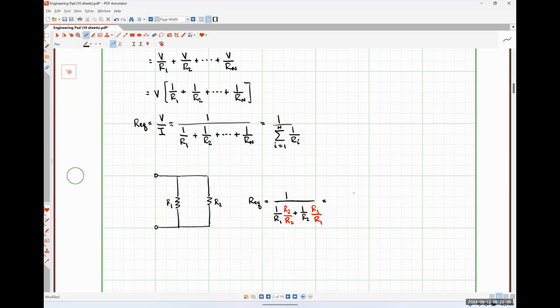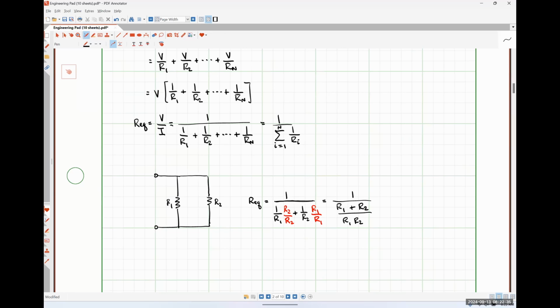So I've got my 1 over, and now I've got 1 times R1. So I'm just going to call this R1 divided by a factor of R1 times R2. And then I've got 1 times R2. So I'm just going to add an R2 here like so.